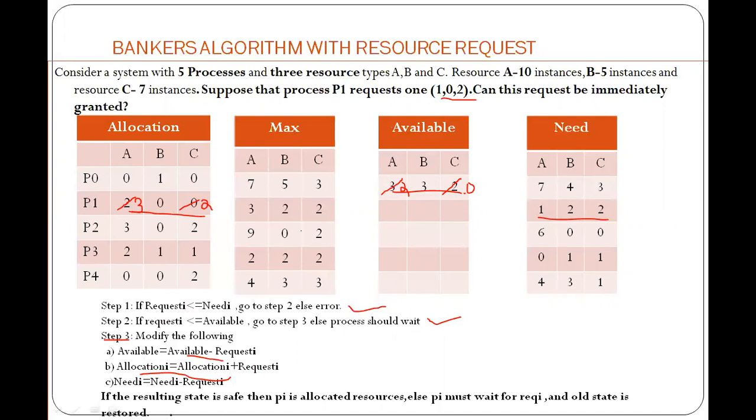Now, what about need? His need was actually 122, but then he got 102 already. So now his need is going to be 1 minus 1, which is 0. 2 minus 0 is going to be 2 itself. 2 minus 2 is going to be 0. That is, the third data structure: need is equal to need minus request. That is what we have done.